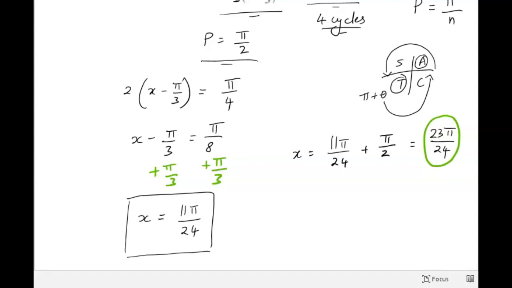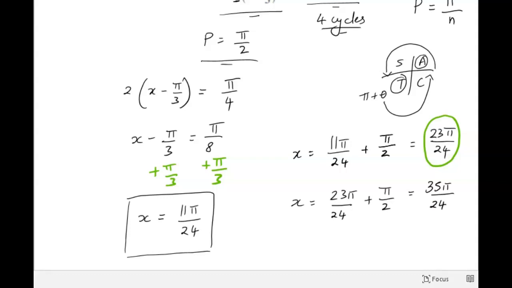Now remember, we talked about how we could have up to 4 solutions. To find my next solution, I add a period, so x is equal to 23 pi on 24 plus pi on 2. Pi on 2 in terms of a denominator of 24 is 12 pi on 24, so that gives us 35 pi on 24.